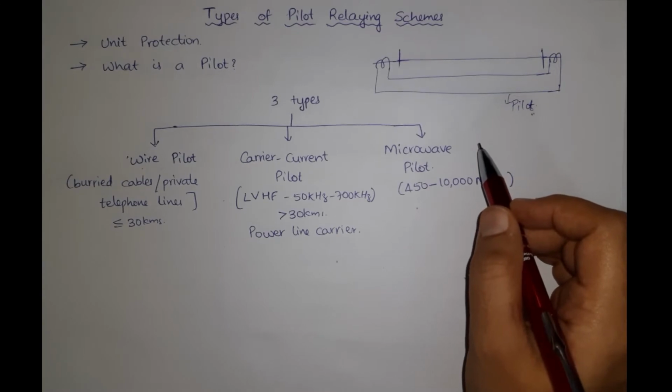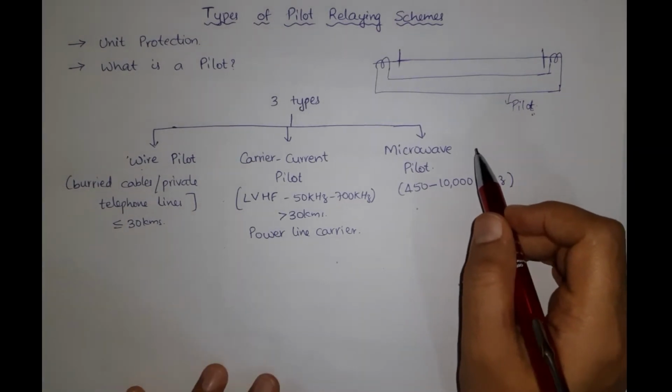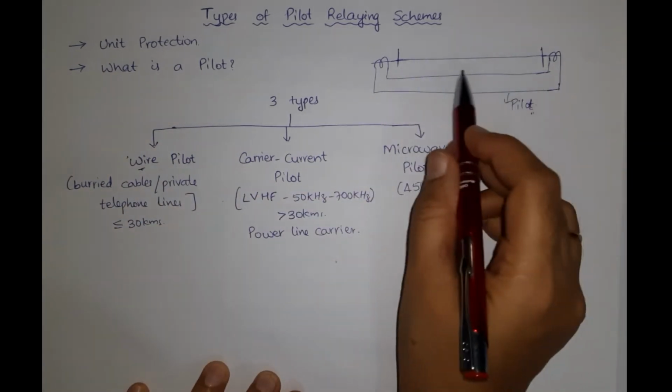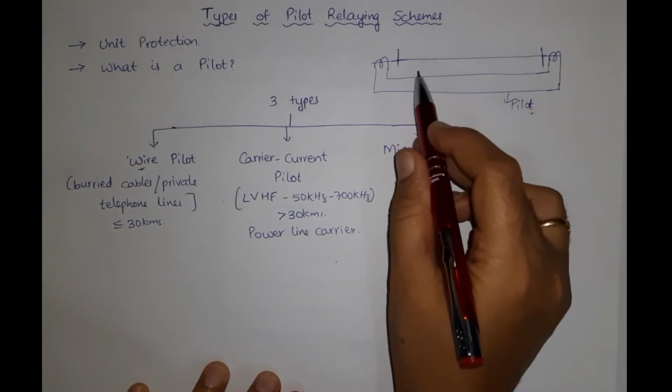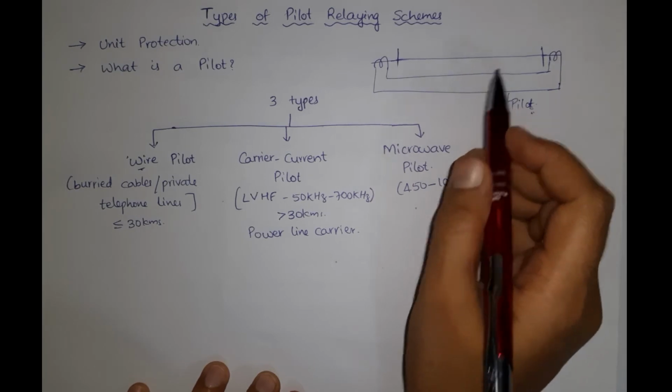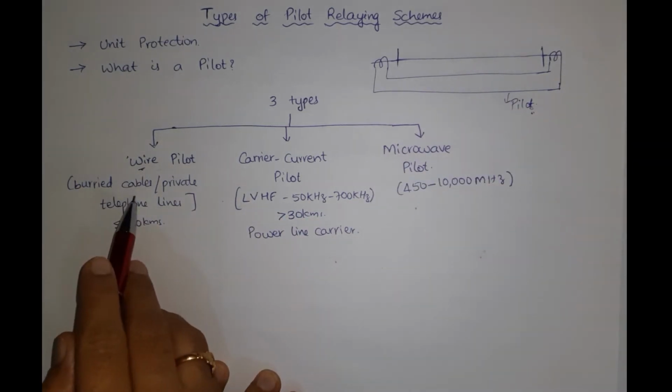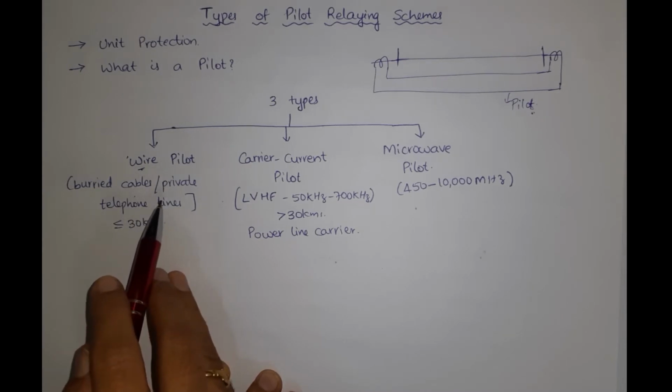Now coming to wire pilot protection. Wire pilot means that by using some wires we can carry out the relaying scheme, right? Those wires may be buried cables or private telephone lines which are available.